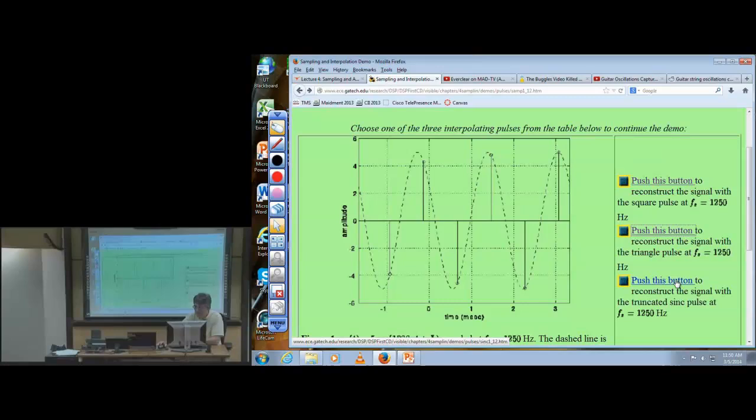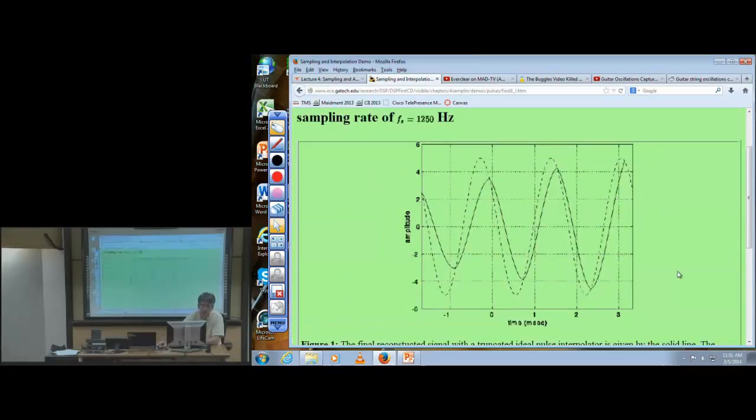Sinc would be the time domain response for an ideal low-pass filter, but it's two-sided. Can't build that. So we truncate it and use it as a filter, and we get much better results. Still not as good as it could be. It looks better than the other two cases, but I'm still not capturing the times of the zero crossings, though I am capturing how often they occur.